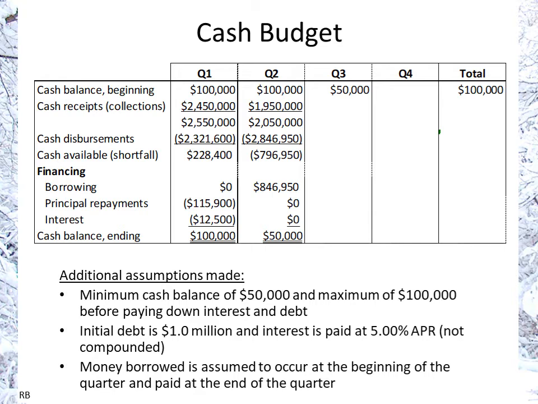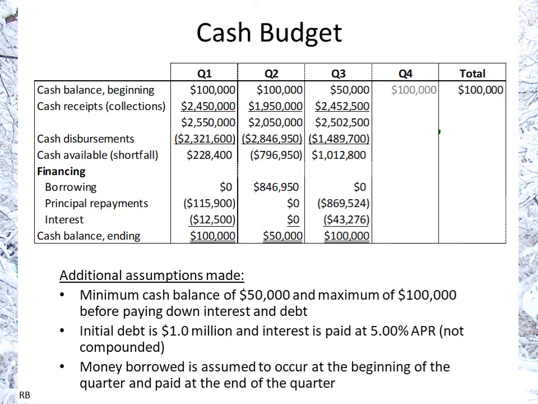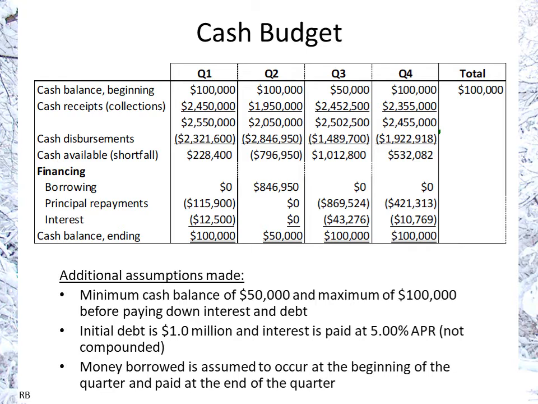We follow the same procedure through Q3 and Q4. In these cases, we have excess cash, so we're going to be paying down the debt. So we're going to end each of those 2 quarters with 100,000 because we have extra cash. And the total, we can see the cash receipts, the collections, are going to just be the sum, and same will be with the disbursements.